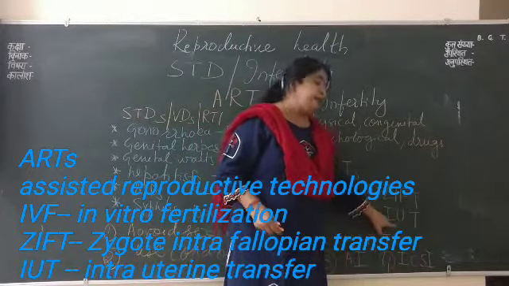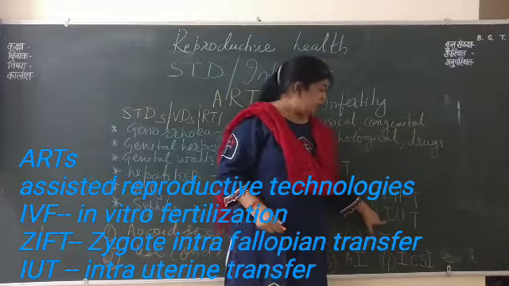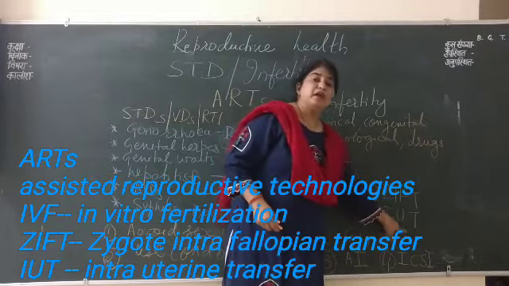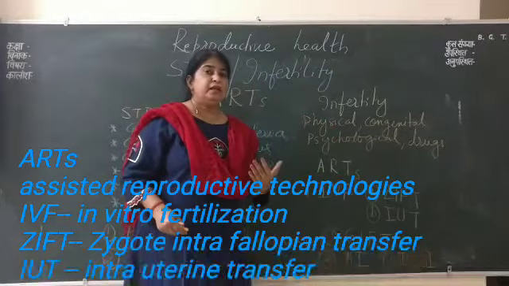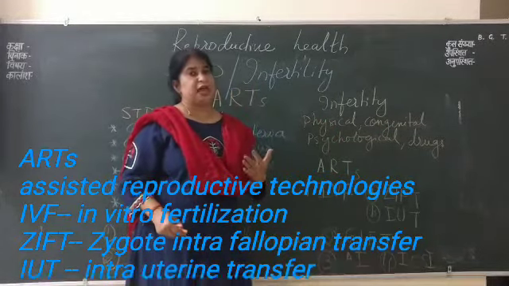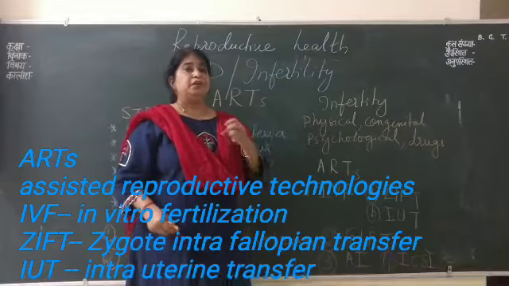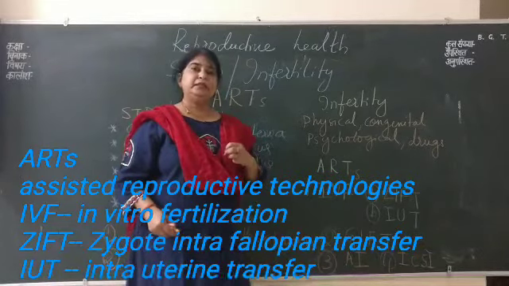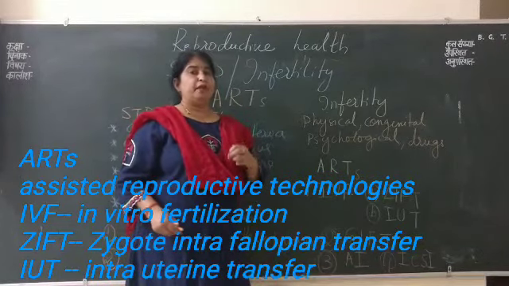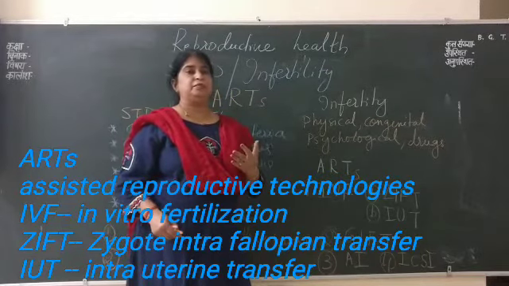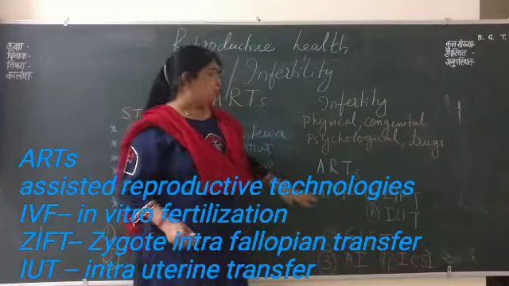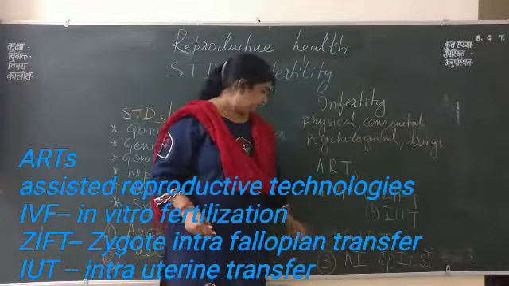That is IUT, intrauterine transfer. So these are the techniques of in vitro fertilization, where the female has an obstructed fallopian tube or is not able to lead to fertilization.